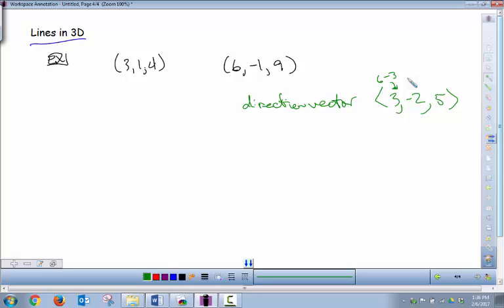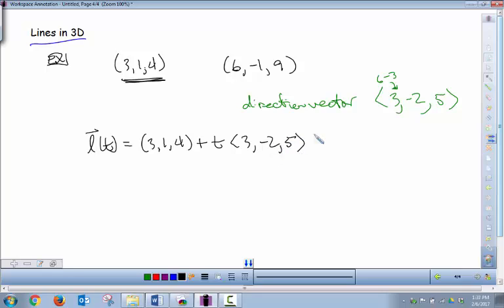So I have my direction vector, and if I pick any of these points, my line equation in vector form is going to be 3, 1, 4 plus t times the direction vector 3, negative 2, positive 5. Okay?